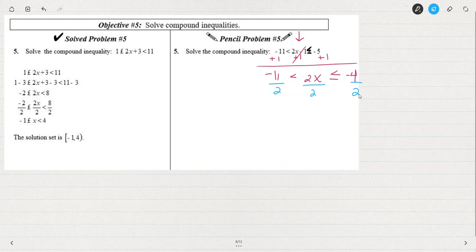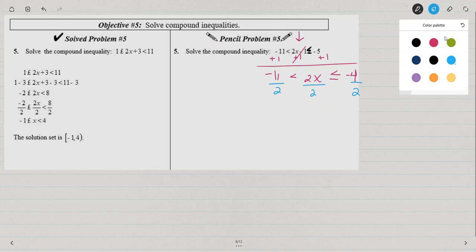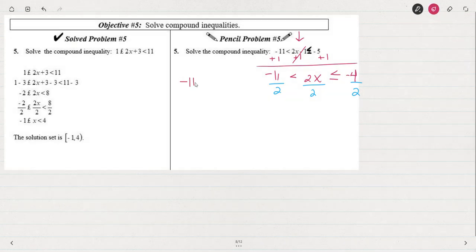So it's just the -11, plus 1. I didn't write the plus 1, did I? -11 plus 1 would be -10. I don't know if I wrote that and it just didn't pick it up or what. But -5 plus 1 is the -4.